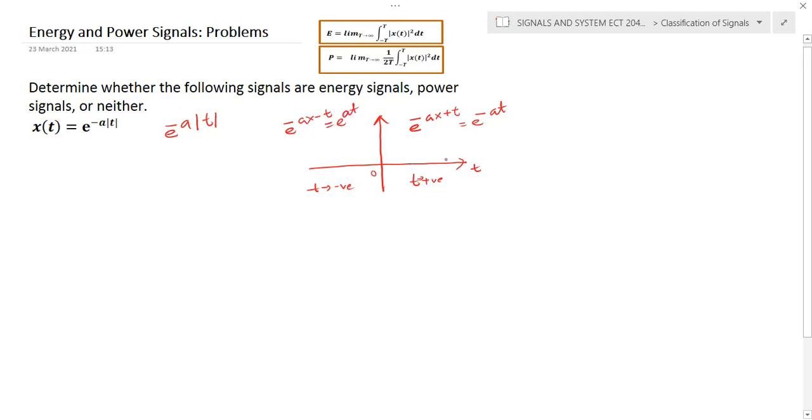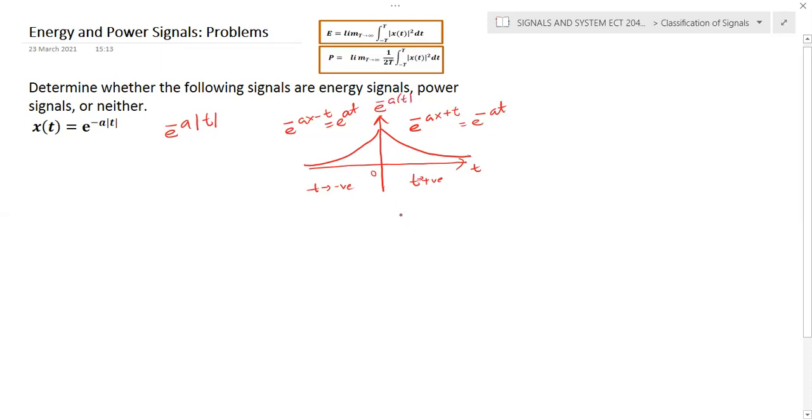So towards the positive side, the function will take e raised to minus at, and towards the negative side, it will take e raised to at. And if you look at this particular signal, e raised to minus at is an exponentially decaying signal which exists only on the positive side, and e raised to at is an exponentially growing sequence, but it exists only on the negative side. So this is the waveform of e raised to minus a modulus of t.